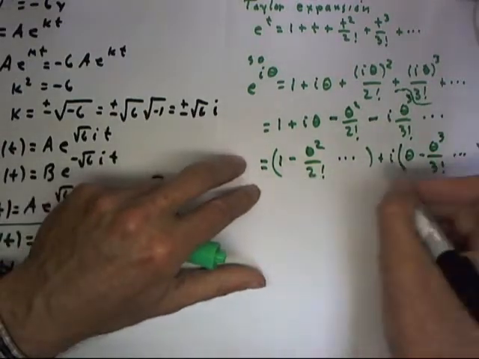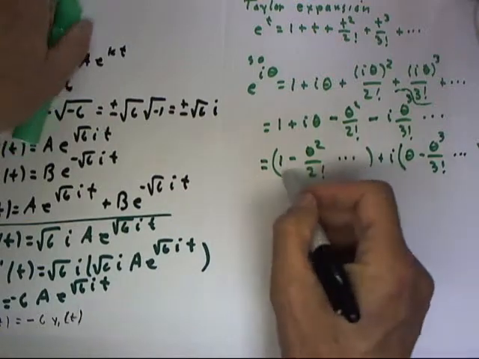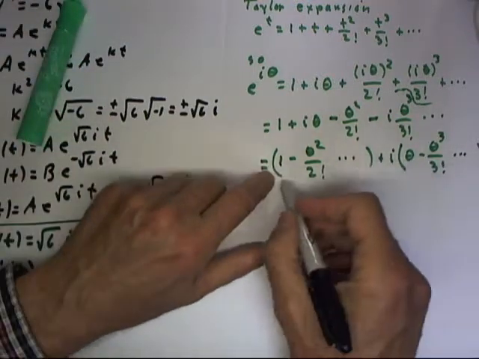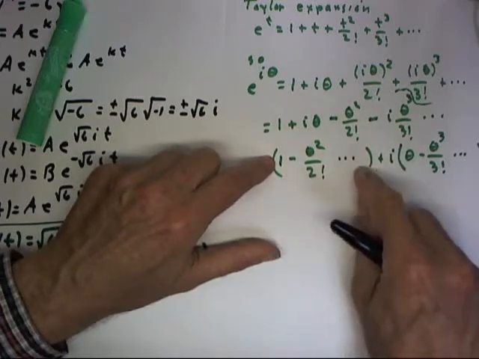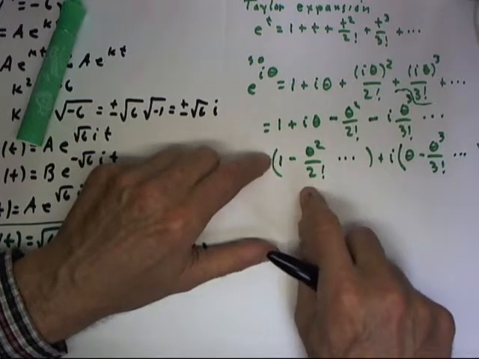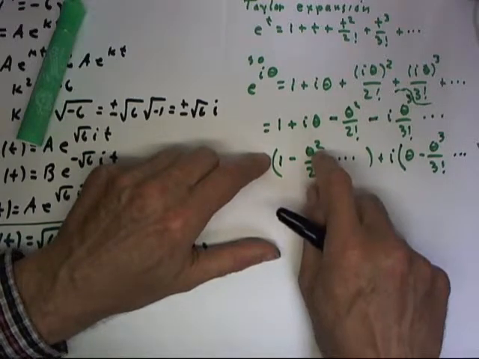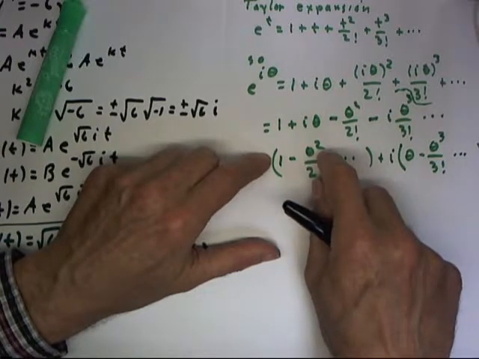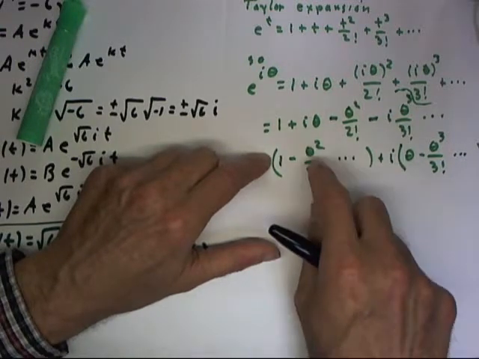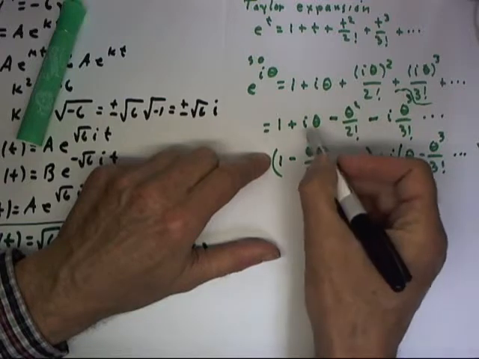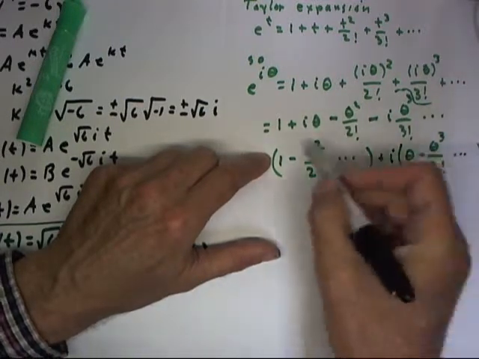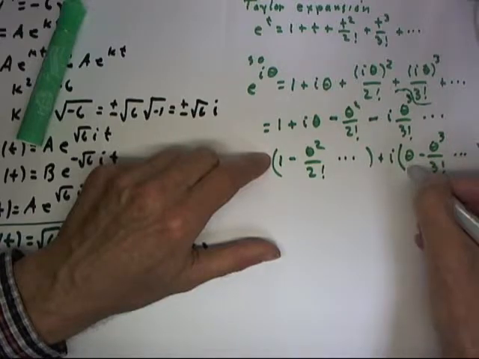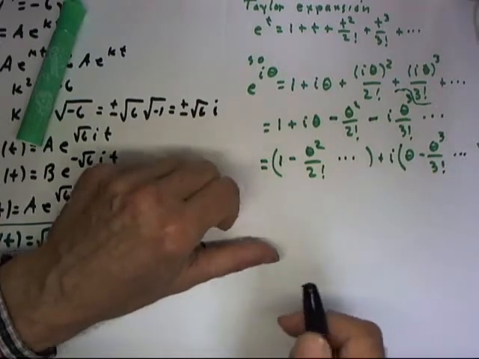Now, we might not have written out enough terms to see exactly what this series is going to be and what this series is going to be, but it's clear we're going to have a series here, and it should be clear it's going to be a series of even powers of theta, because again, every other power is going to have an i squared or an i to the 4th or an i to the 6th here, or an odd power of i here.